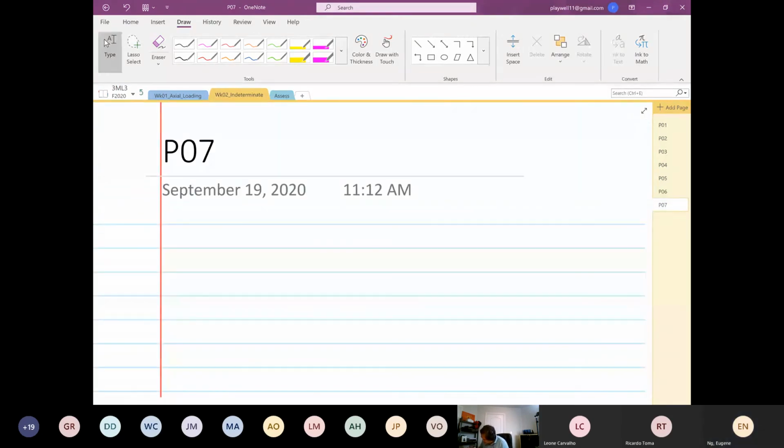Part A. Normal stress of the aluminum. Okay, so we are going to focus on the stress in the aluminum.